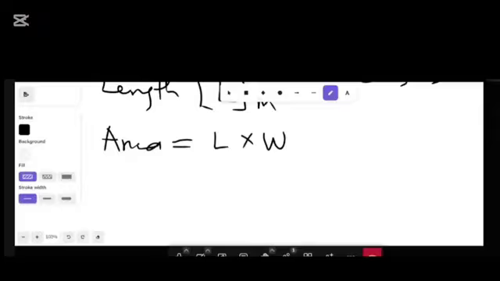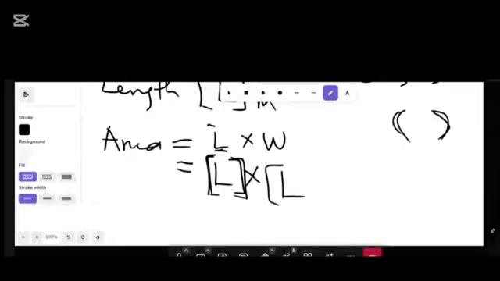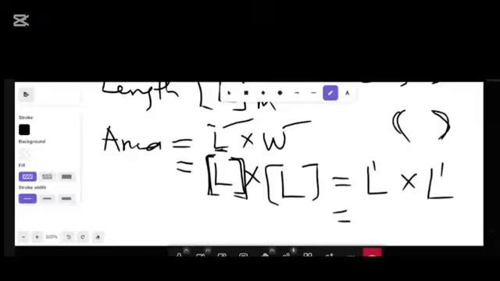This is 1 length times another. What is the dimension in actual sense? We love putting the dimension in brackets, also known as parenthesis. And the dimension of this width is also length, but width is in centimeters. So we are combining two lengths now. L times L. This is multiplication of powers; it is L squared.